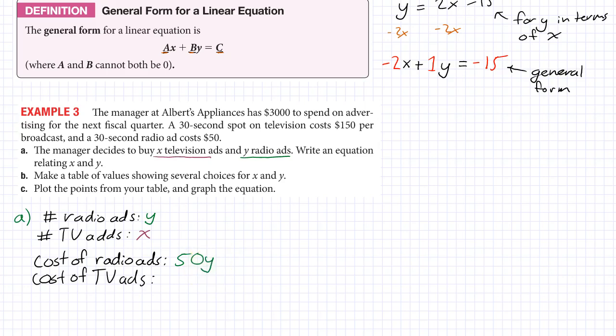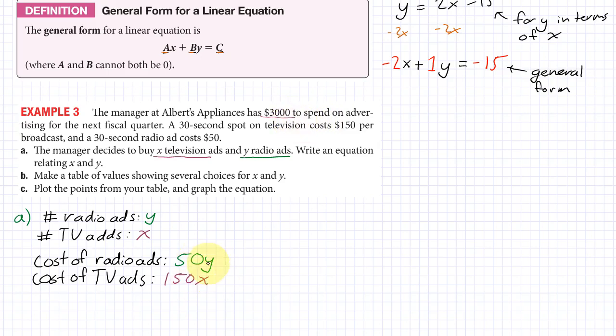The cost of the TV ads, well, you're getting x of them. Each one costs $150, so this should be 150 times x. Now the total cost, we know that he's going to spend on ads altogether is $3,000, because it says he has $3,000 to spend.